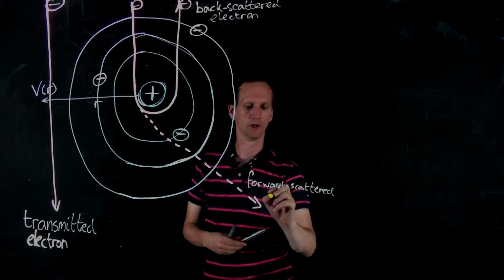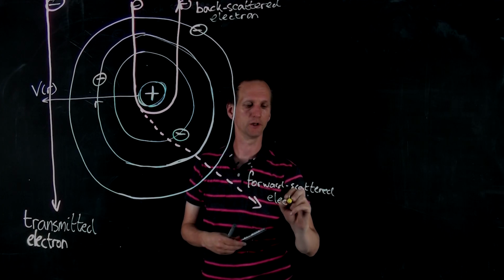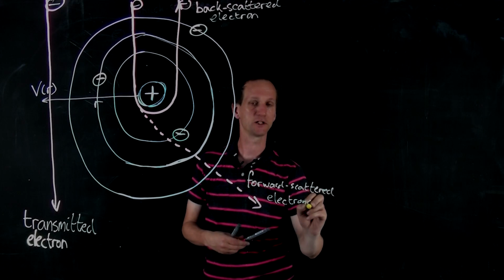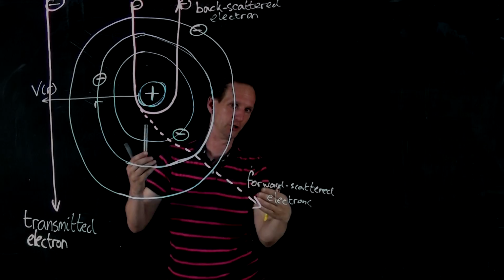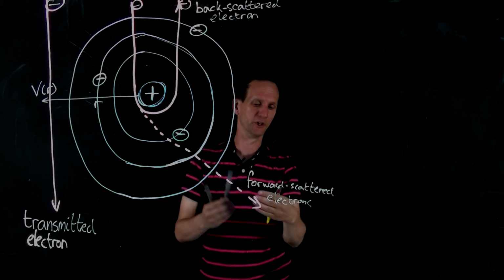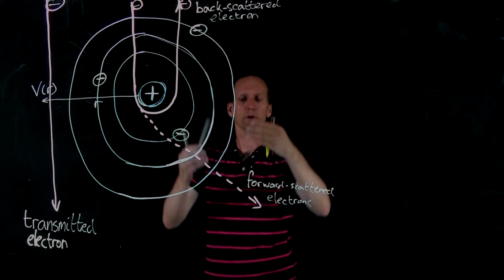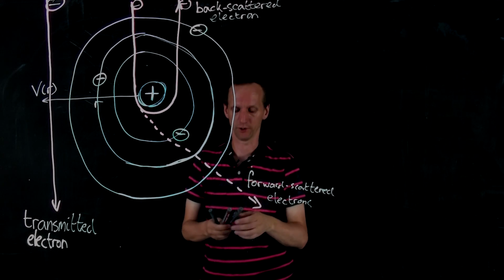So the electron is now scattered in the forward direction. It may exit the material, but it may also continue its path on into the material and then interact with other atoms in the material.